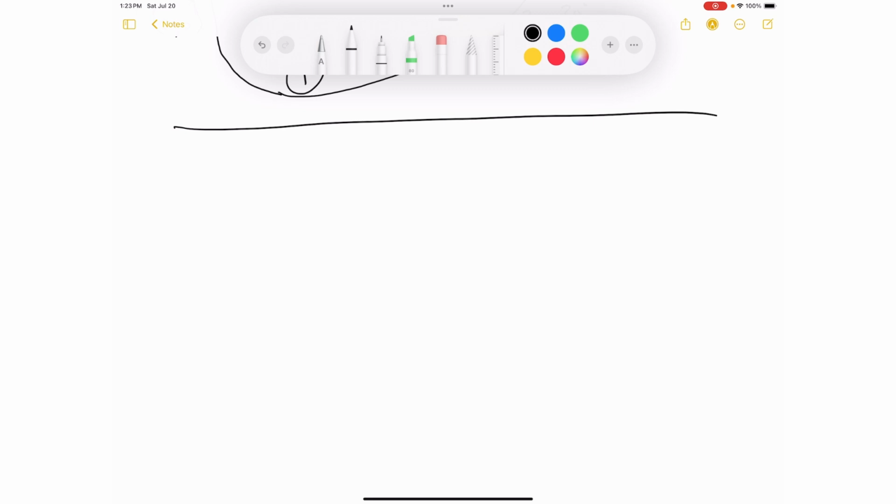So number one, our origin 0, 0 is at the airplane as it drops the rocket. Number two, the airplane is not accelerating.